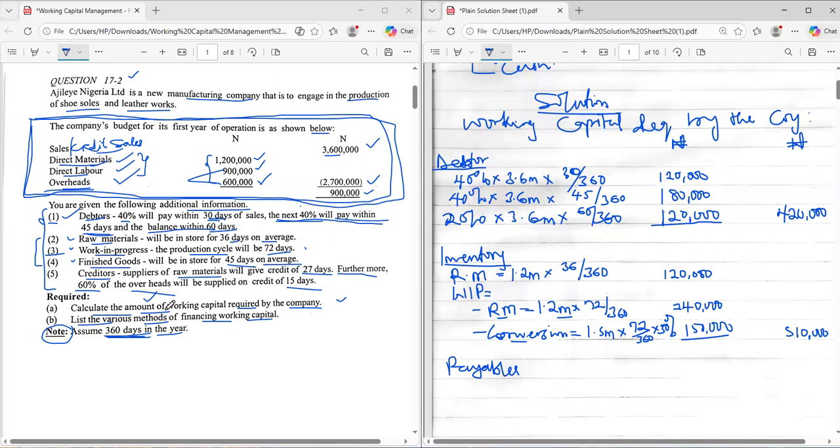That's your credit also. Please, sir, I have a question. Go ahead. I still don't get this part, the conversion. You said 50% of, is it 240? Look at what we did here now. 1.5 million times 72 divided by 360. The answer you get times 50 divided by 100. That is half.